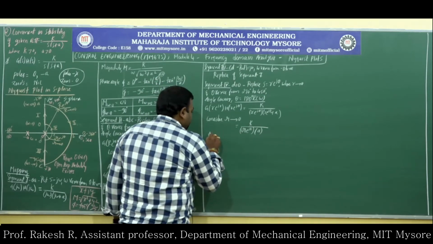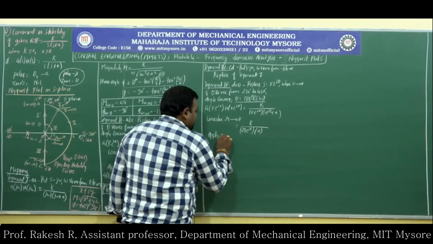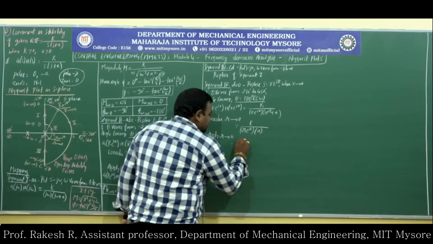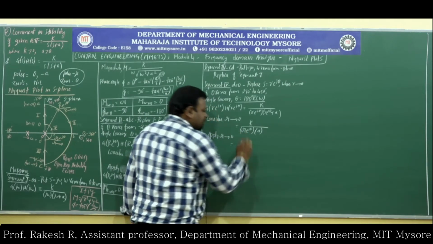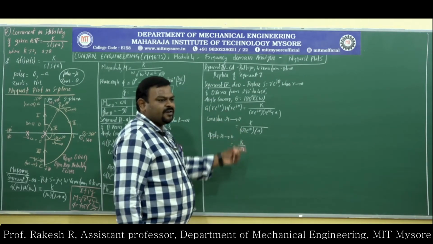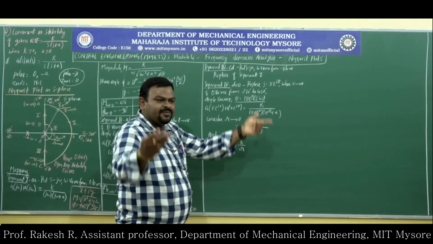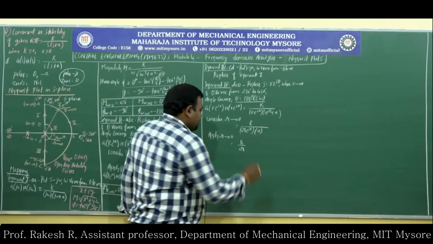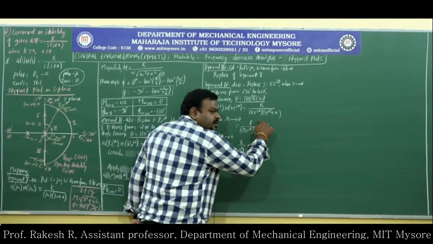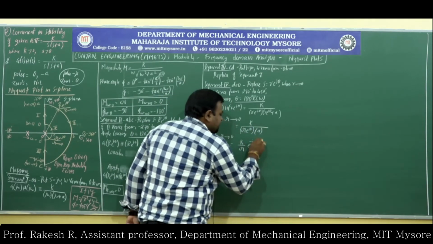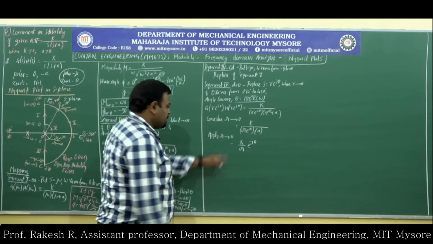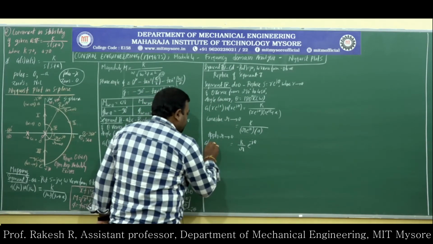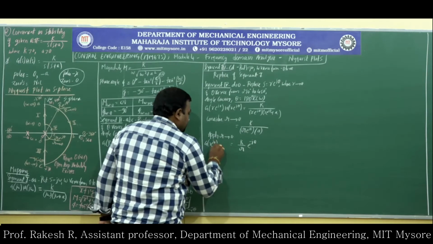Now I will apply the limit r tends to 0, then K by r. So a is also involved here. K by a, again you will get some other constant. So that is directly a K. e to the power of, take this to the numerator, minus jθ. So this is the value you get after applying the limit.